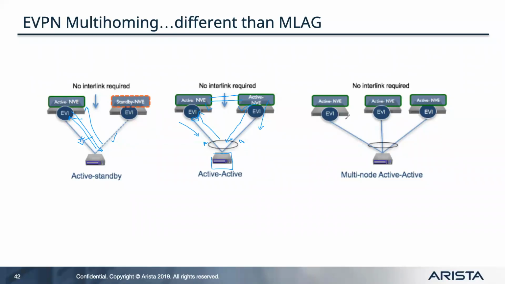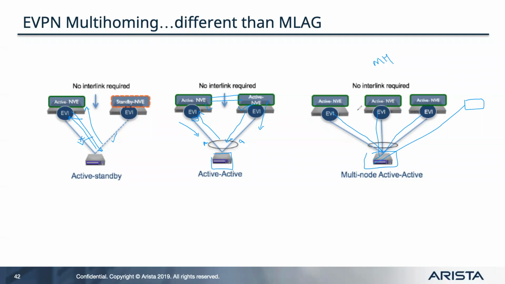In fact, there is one more scenario where you have three links. One host is connected to three different devices, all active. This is also one part of multi-homing. In fact, it can have even four or five connections, multiple, so this is also possible, and this is also called multi-homing.